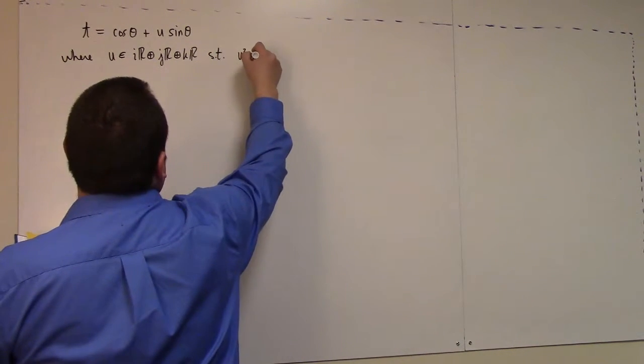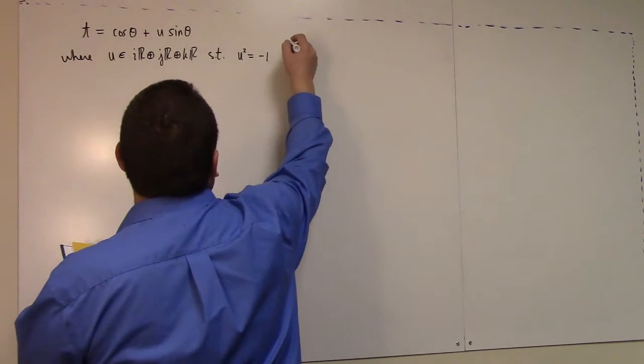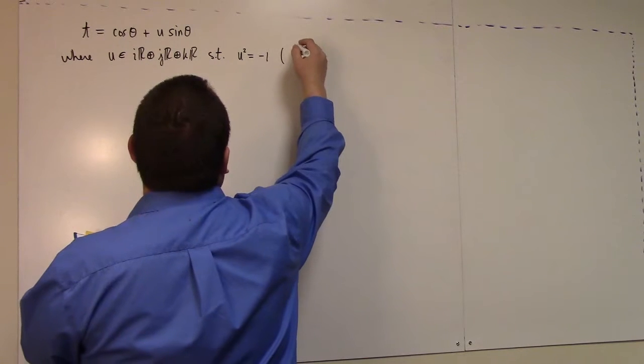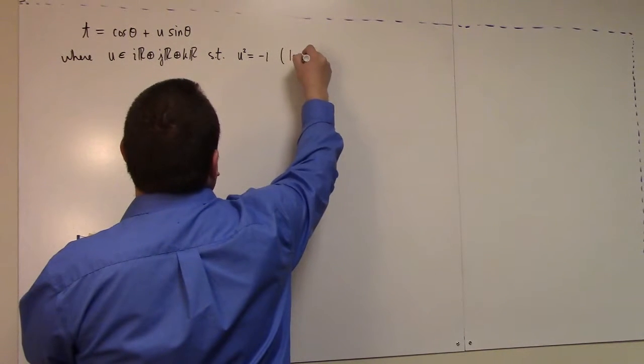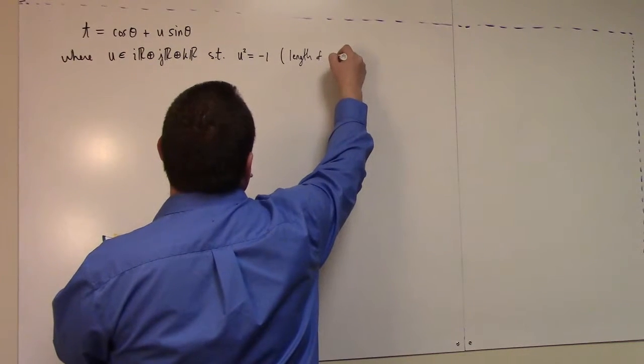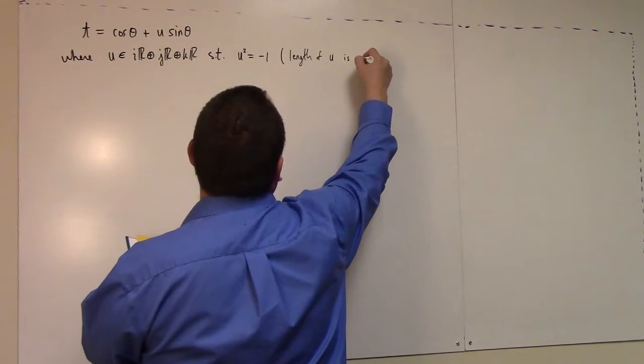Right, which is a sneaky way of saying that if you look at the length of u as a Euclidean vector, it's 1, right?